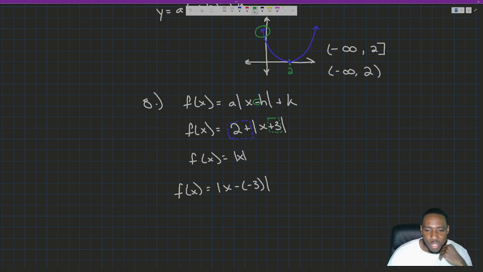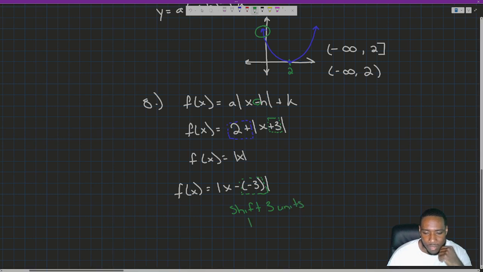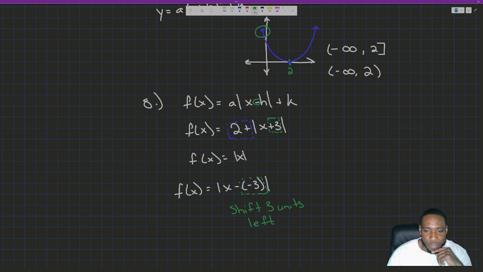That plus 3 is the result of having a double negative. That's minus 3. Okay? And if we see a minus 3 there, what we should tell about that is that the first transformation we see is a shift 3 units left. Okay? So transformation number 1 is a shift of 3 units left.